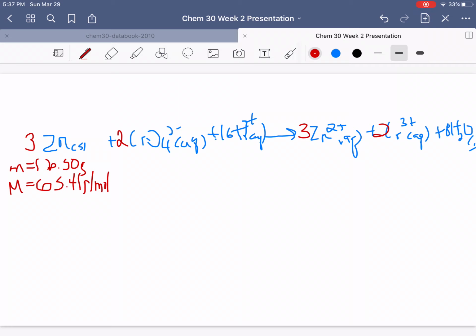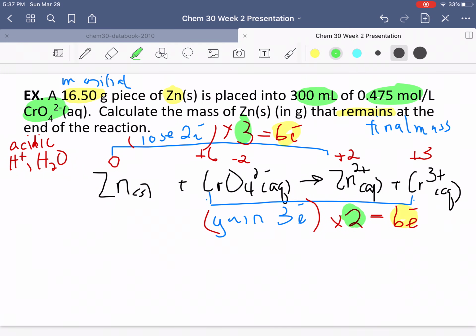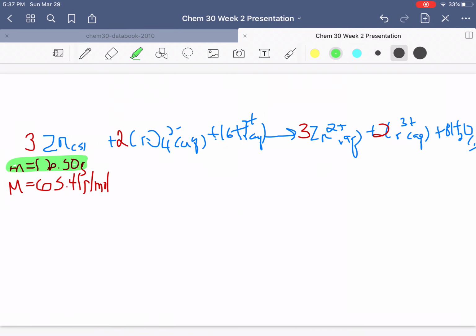Now, don't jump and suddenly start doing your n, because keep in mind, this mass that you just wrote down is actually the initial mass. It's not how much reacted, so be careful. We know that some of that's going to be left over. Remember at the question, how much remains? So that entire 16.50 grams doesn't completely react. Take your time, think through questions, be careful.